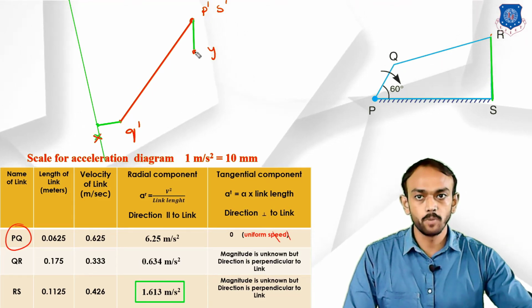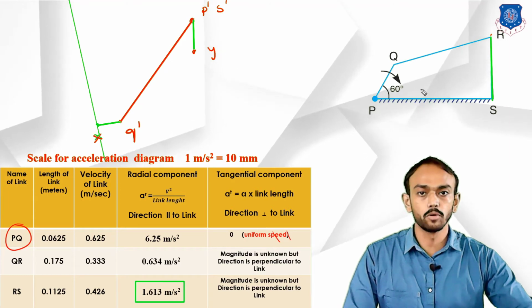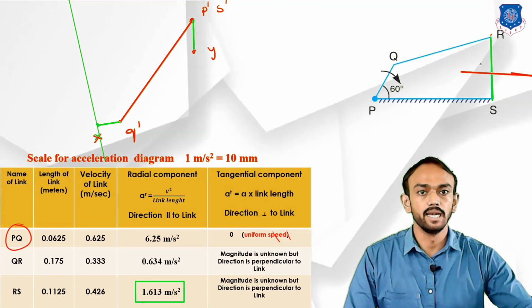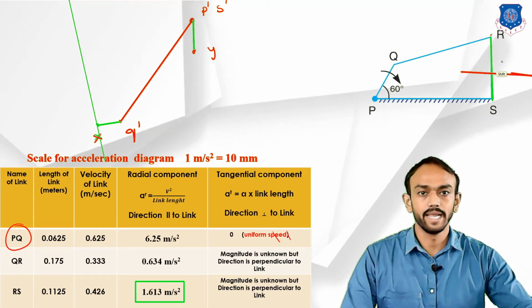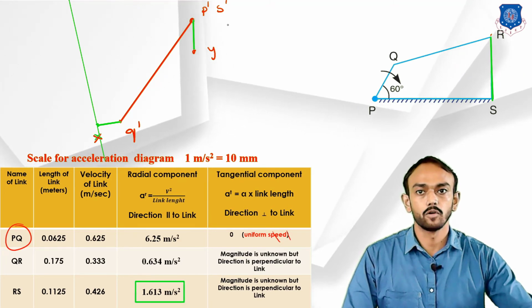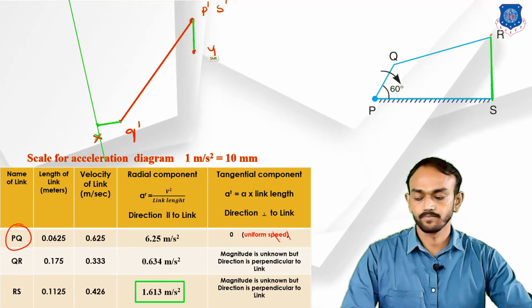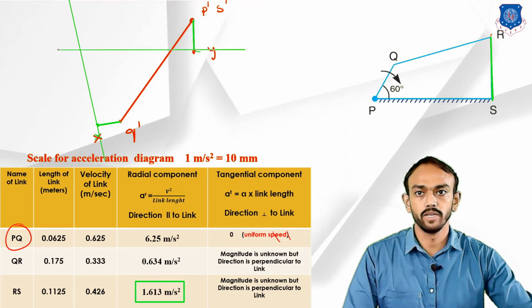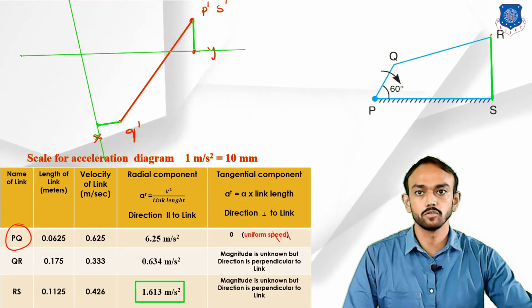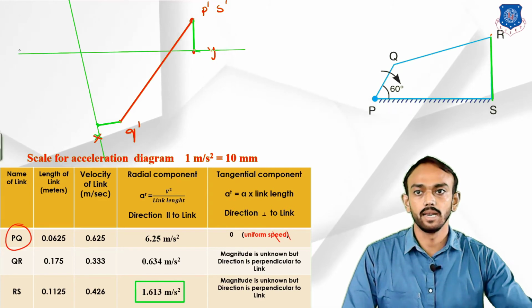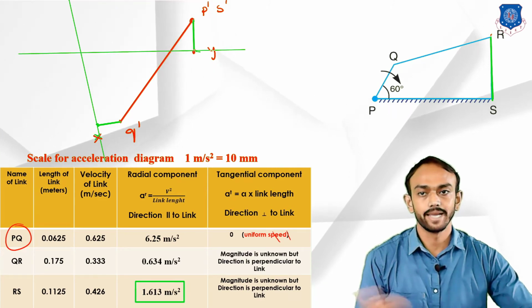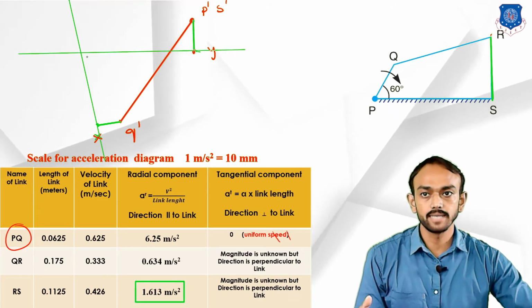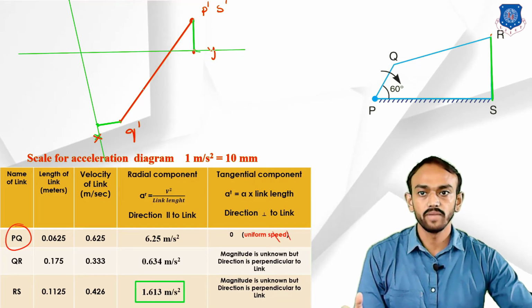Now from this point we will take the tangential component, which is always perpendicular to the link. Now draw the perpendicular to the link here, but we don't know the magnitude, we only know the direction, so I have taken an extra length.